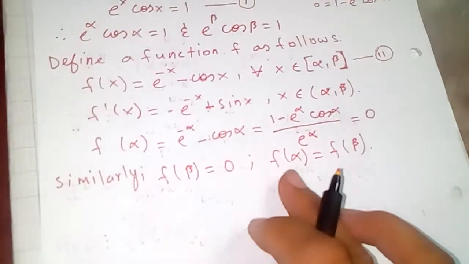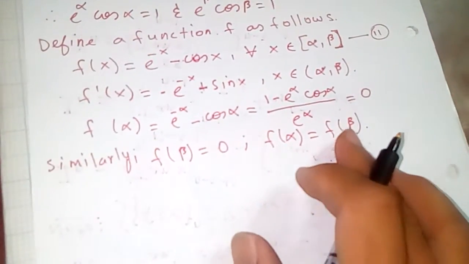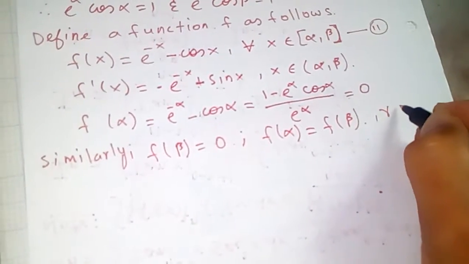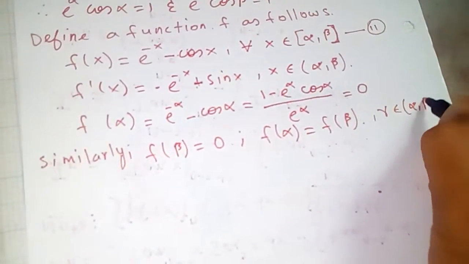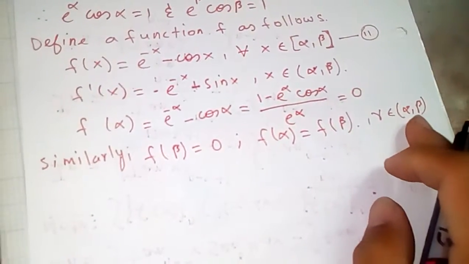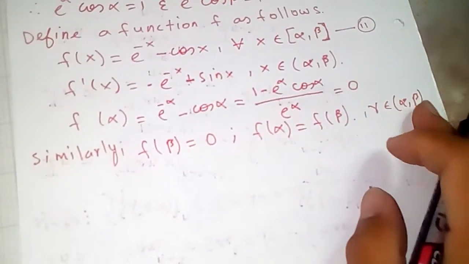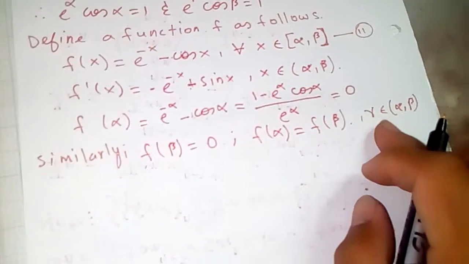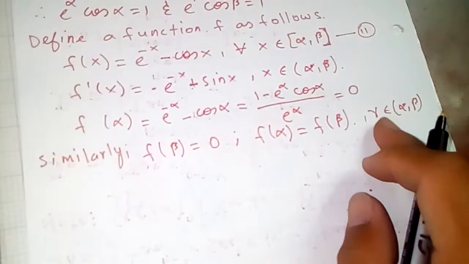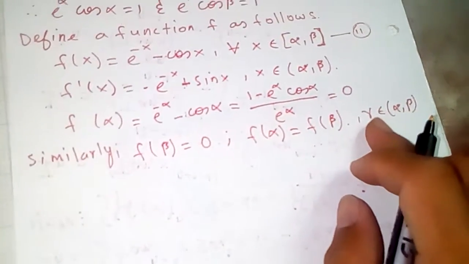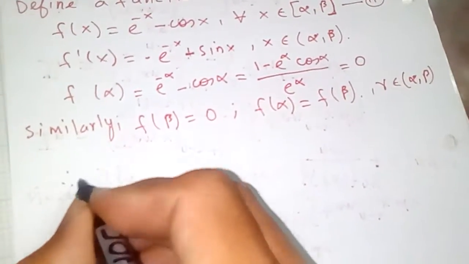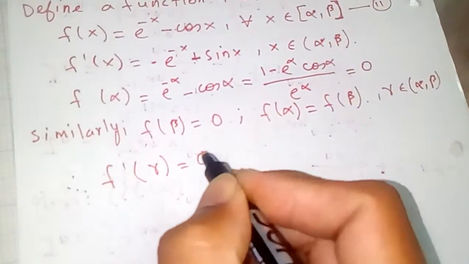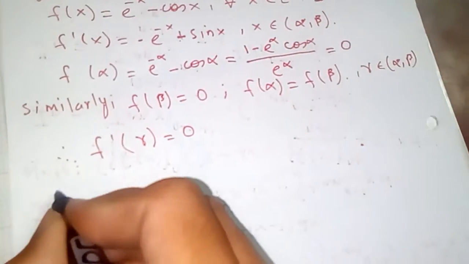So f of alpha and f of beta are equal, so there exists at least one root, let's say gamma, which belongs to the open interval alpha and beta, such that f prime of gamma is equal to 0.